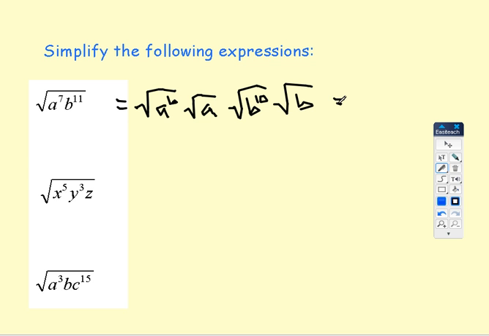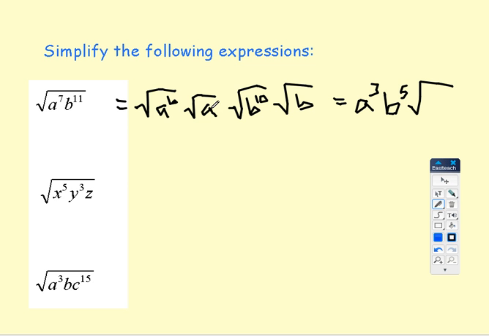Okay, so now find the perfect squares. Well, the square root of a to the 6th is a cubed, and the square root of b to the 10th is b to the 5th. And inside the radical, I'm left with ab. And since the square root of a times the square root of b we can write as the square root of ab, we remember that from a couple days ago.